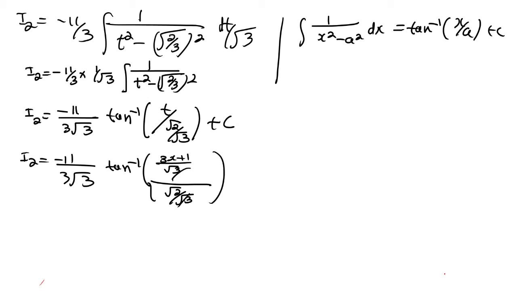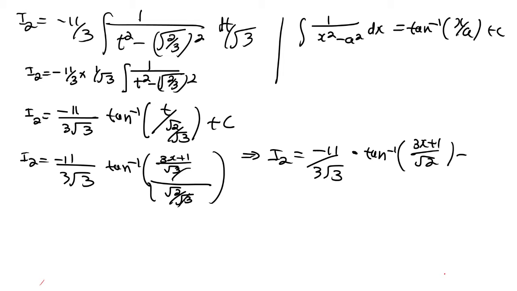Root 3 gets cancelled. This implies I2 value is equal to minus 11 by 3 root 3 into tan inverse of (3x plus 1) divided by root 2 plus c, take it as c2, integration constant.